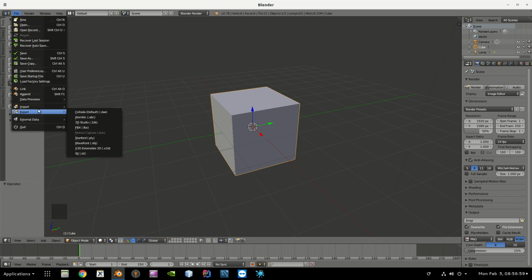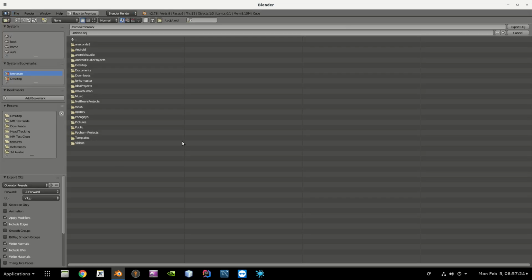If you just say file, export, and then Wavefront .obj, let me zoom it up for those of you at the back. From the file menu, if you go into export and then Wavefront .obj, when we hit that, we get a choice like this, and let me save it to my, say, desktop, and this is going to be a cube.